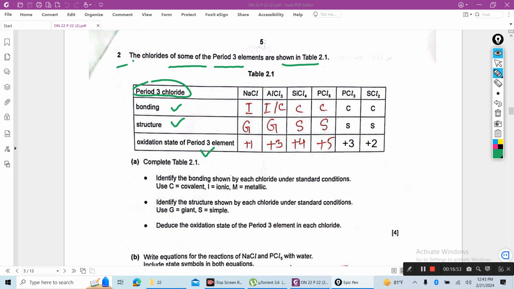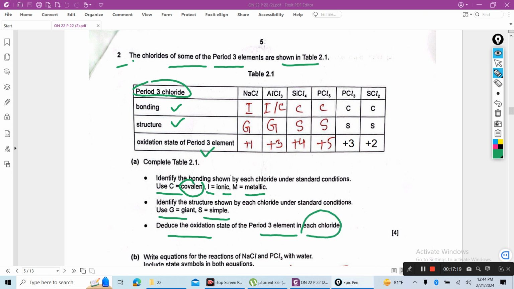Identify the bonding shown by each chloride under standard conditions. Use C for covalent, I for ionic, M for metallic. And identify the structure shown by the chloride. Use Z for giant, S for simple. Deduce the oxidation state of the period 3 element in every chloride.